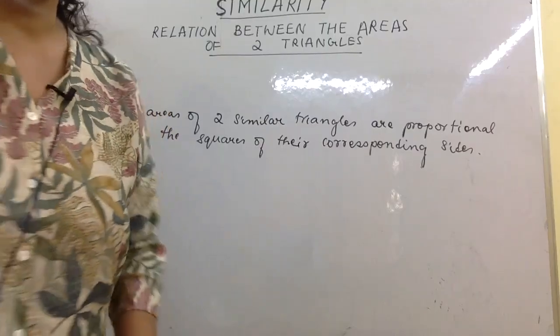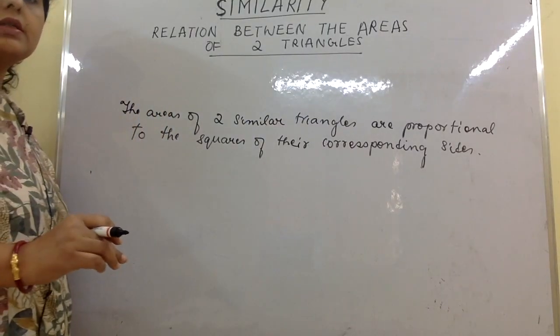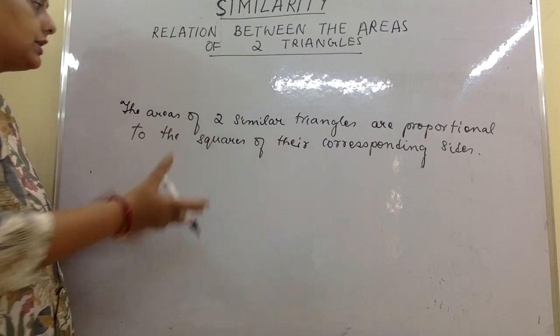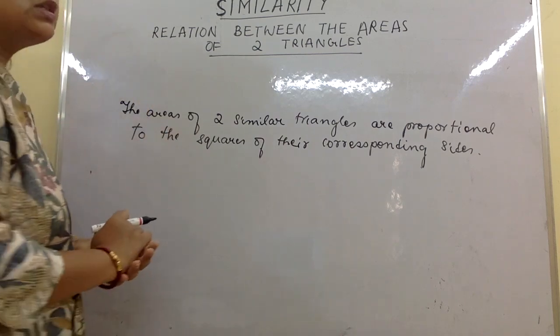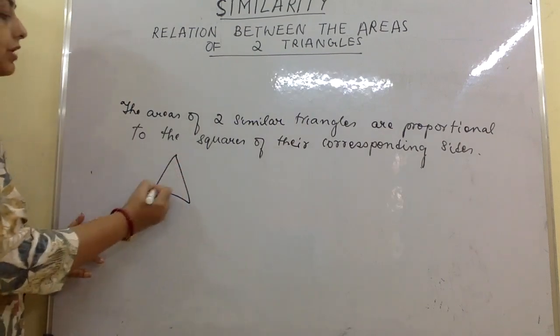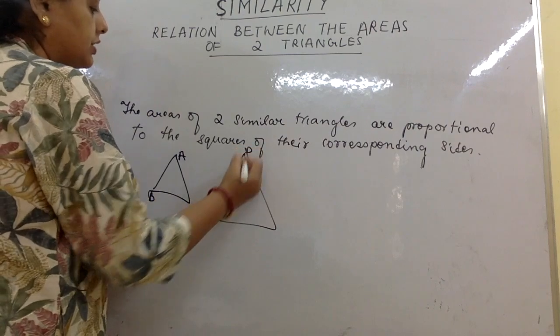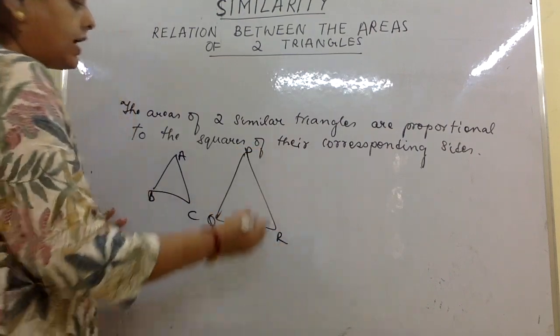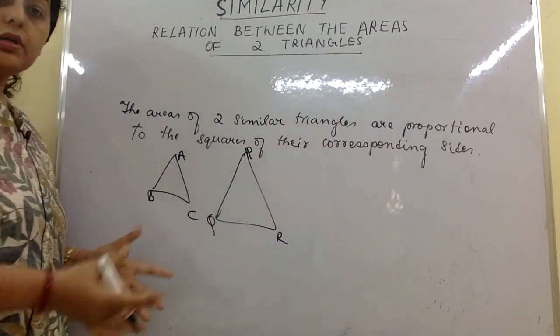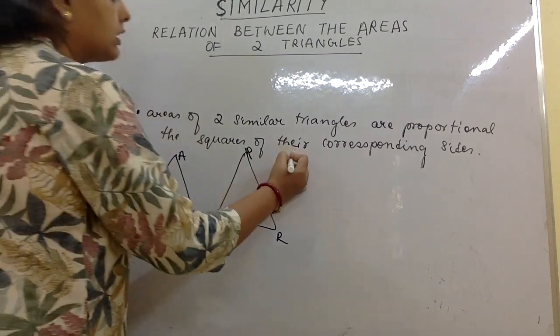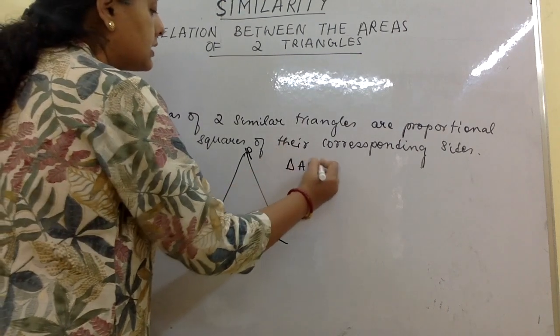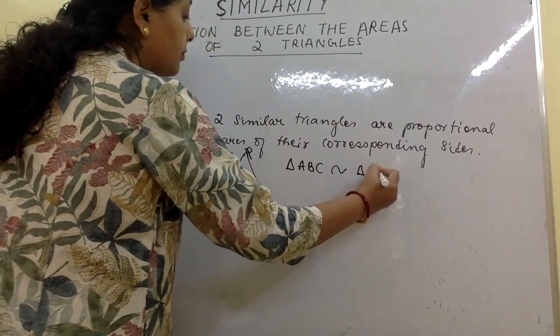So here, the areas of two similar triangles are proportional to the squares of their corresponding sides. This is the first theorem. Now what does it mean? If I have one triangle ABC and another triangle PQR, and they have told us that triangle ABC is similar to triangle PQR.